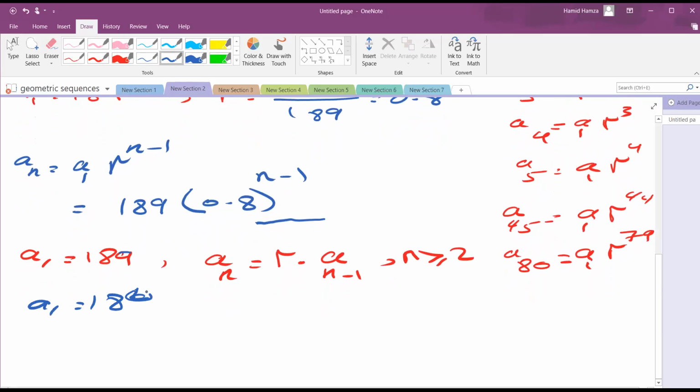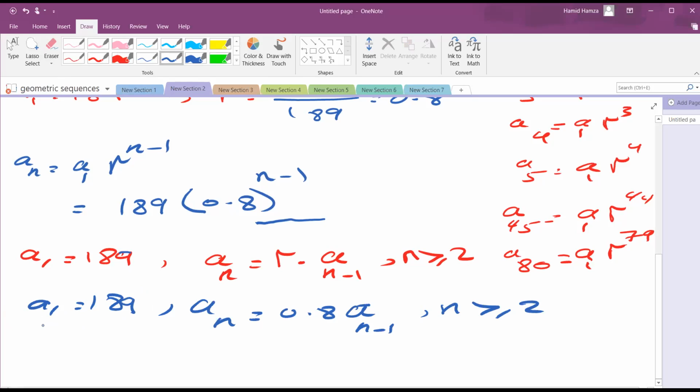And an equals, what is r? 0.8 multiplied by an minus 1, and n greater than or equal to, like this. So this is the recursive formula, the last line.